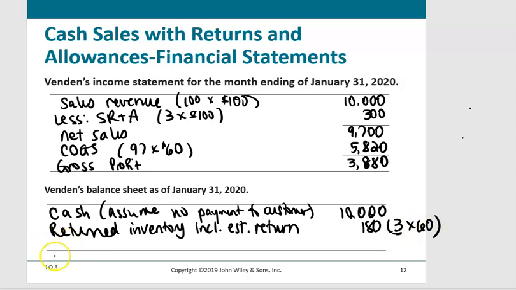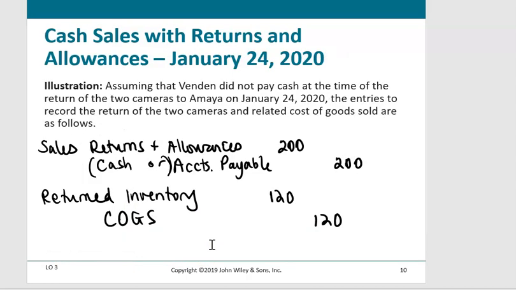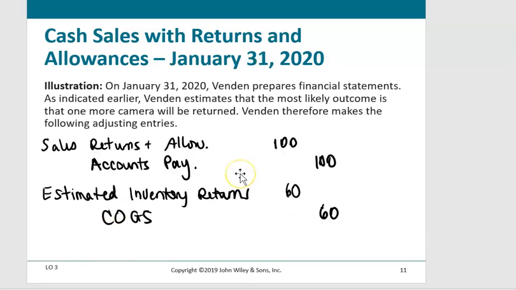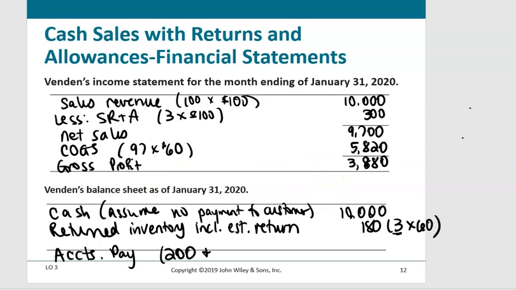And then we would also report this in the current asset section, and in the current liability section we would have accounts payable. For the 200, we know we have to pay the specific customer from here, and then our estimate, we don't know which customer is going to return. We think one will, and then we will owe them $100. So 200 plus 100 for a total accounts payable balance of 300.